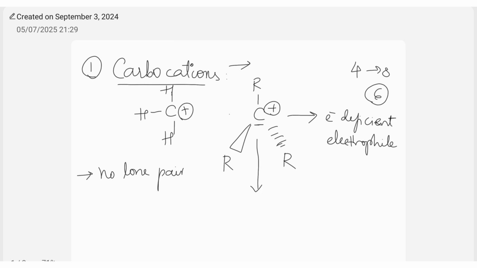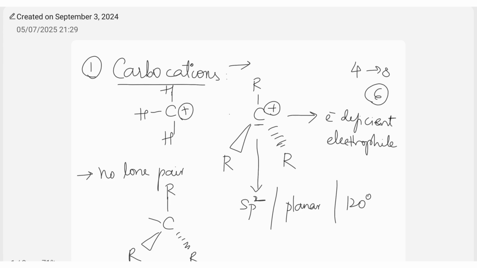Whenever carbon has only 3 bonds, its hybridization is going to be sp2. When there is sp2 hybridization for carbocation, its structure is going to be planar and the bond angle is going to be 120 degrees. And the arrangement will generally be this way, with the orbital with electrons and the positive charge.